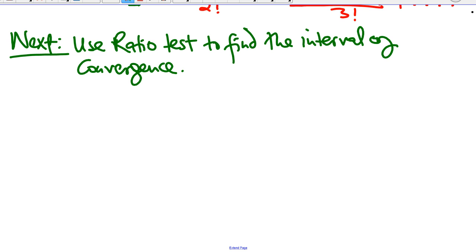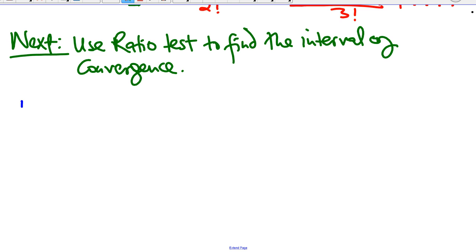You remember the ratio test. If a series converges, then the limit of the absolute value of S sub n plus 1 over S sub n should be less than 1 as n approaches infinity.